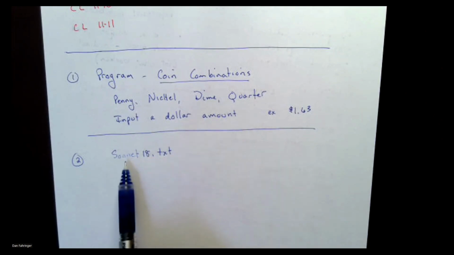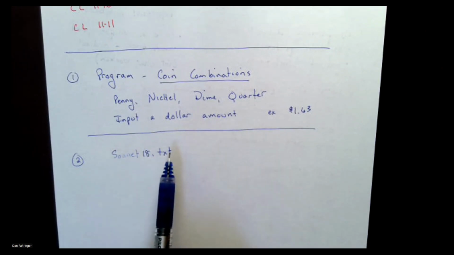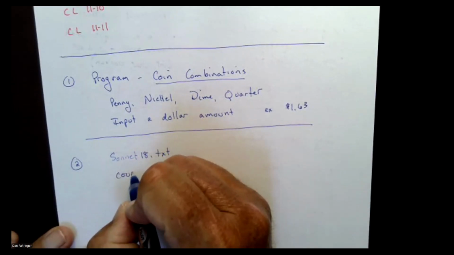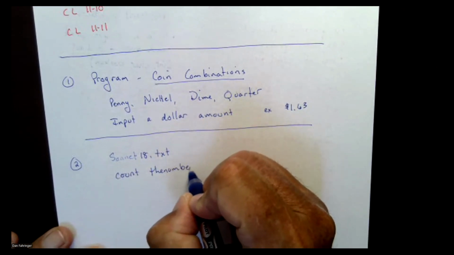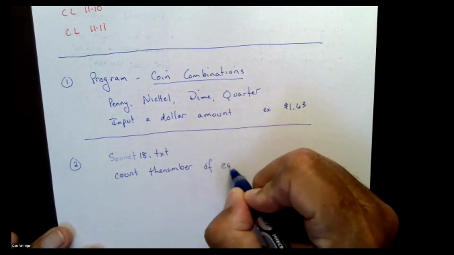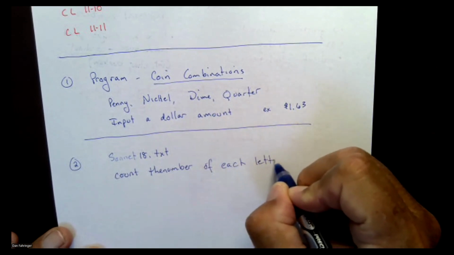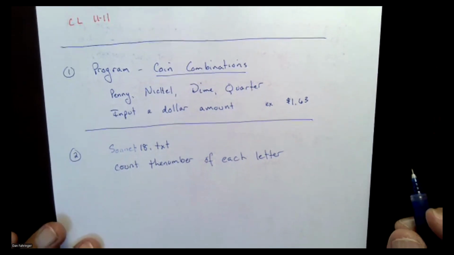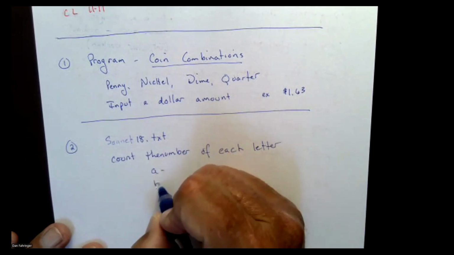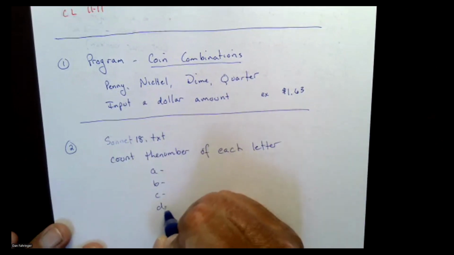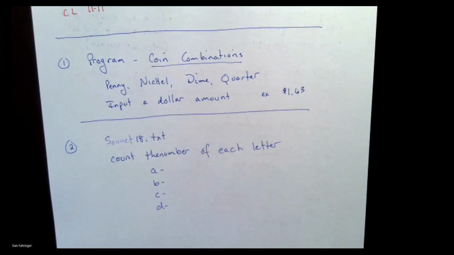I want you to go to Sonnet 18. You can alter this as you're making this data file, but I want you to count the number of each letter and display it. So your output's going to be 26. It's going to be the number of A's, the number of B's, the number of C's, the number of D's, etc. Is lowercase a and uppercase A different?